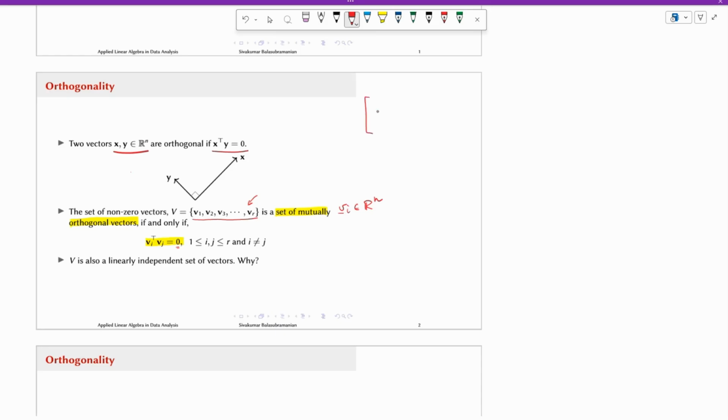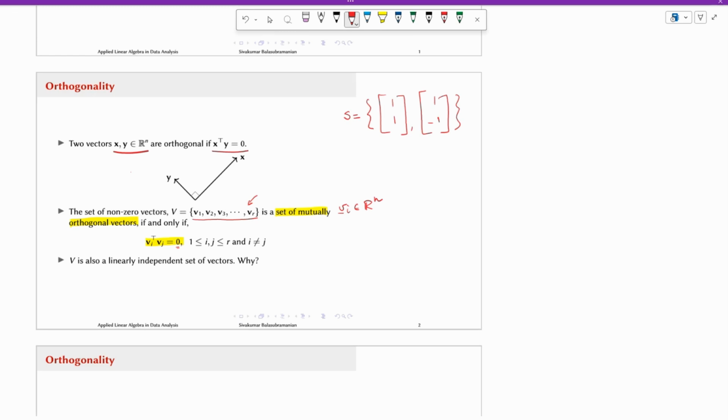Let's look at an example. I ask you, is this set mutually orthogonal? I'm going to call this set S. Is the set S a set of mutually orthogonal vectors?